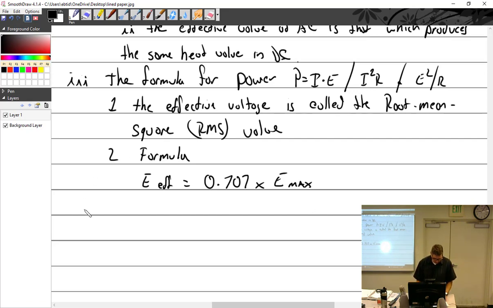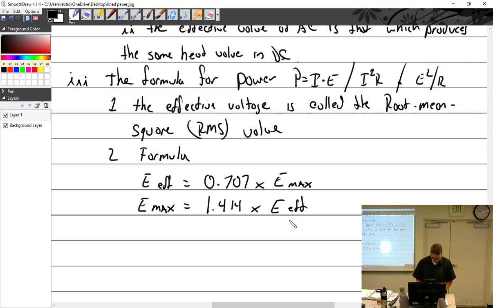All right. So E max equals 1.414 times E effective.